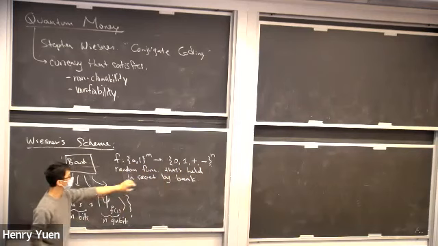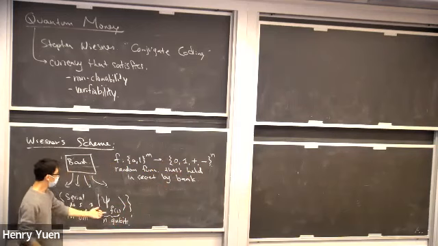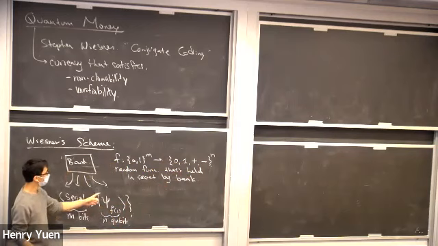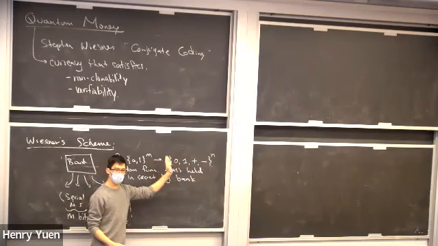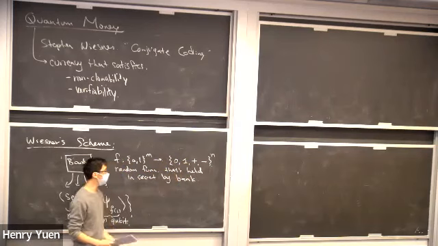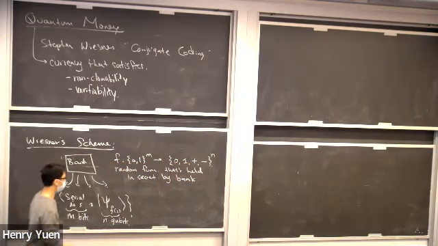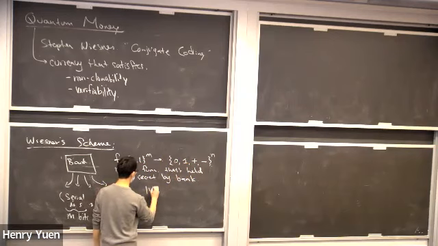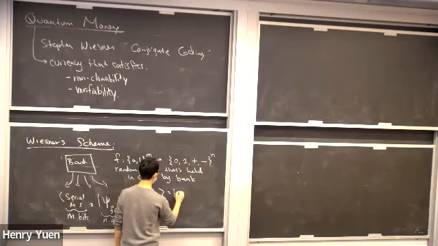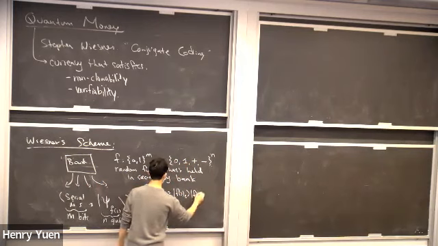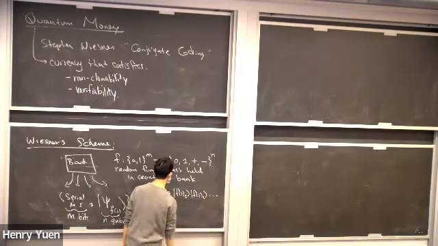And you can imagine what this is supposed to mean. This state, given serial number S, will be, for each position, either ket 0, ket 1, ket plus, or ket minus. So it's equal to f of S1, S2, and so on.